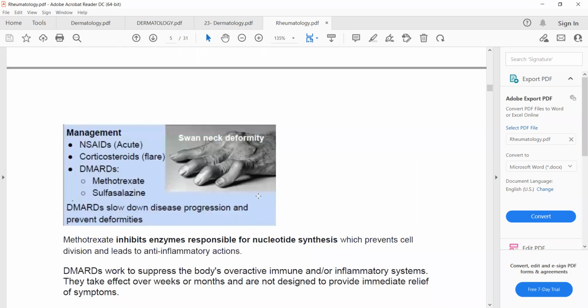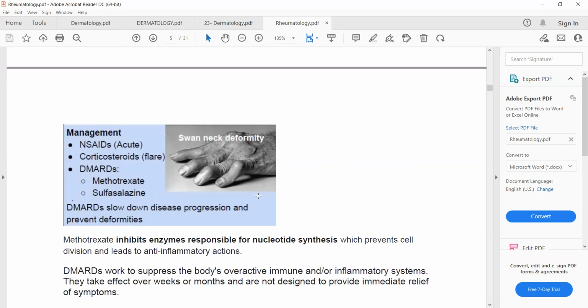In acute conditions, or to manage the flare of rheumatoid arthritis, painkillers such as NSAIDs and corticosteroids are given. While for long-term management, disease-modifying anti-rheumatic drugs such as methotrexate and sulfasalazine are used.